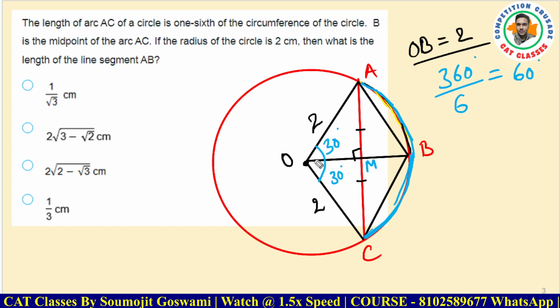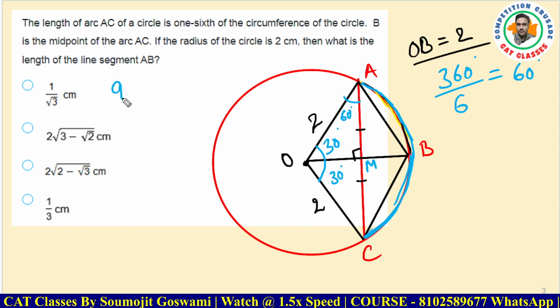Now how can you say that these two are congruent? Obviously, right angle hypotenuse. So 2 and 2 is the hypotenuse, and then the side which is equal. So by the RHS property, these two triangles are congruent. The moment you get this as 30, this is 90, this invariably comes out as 60.